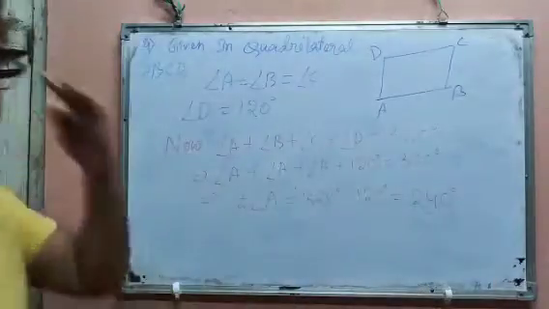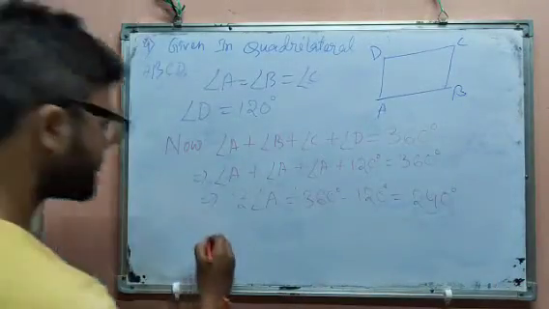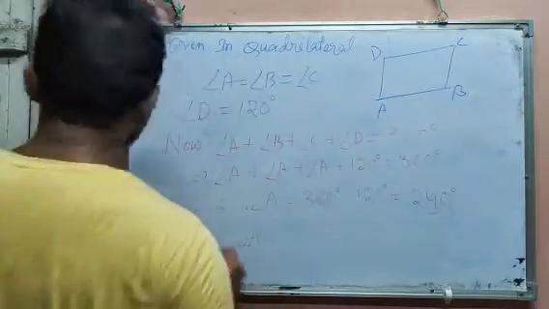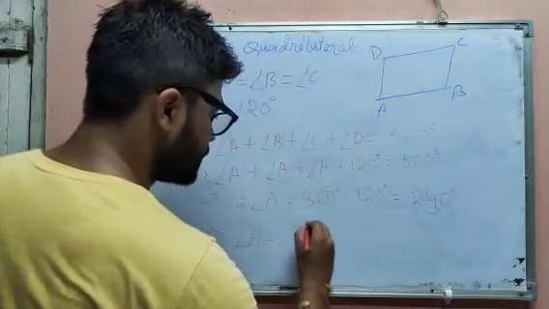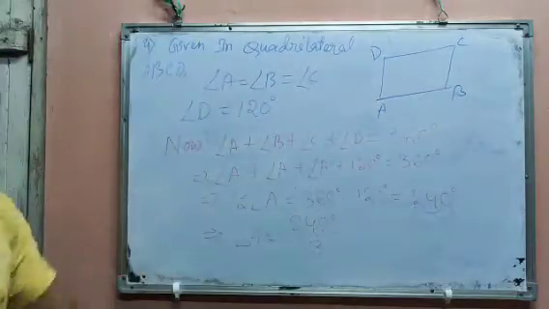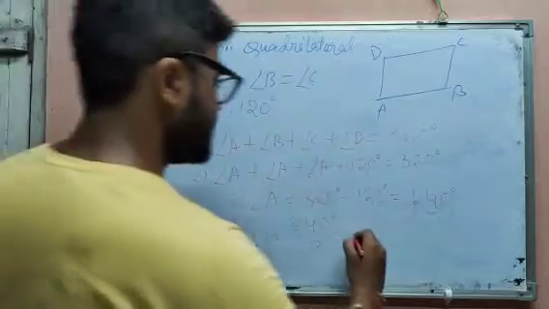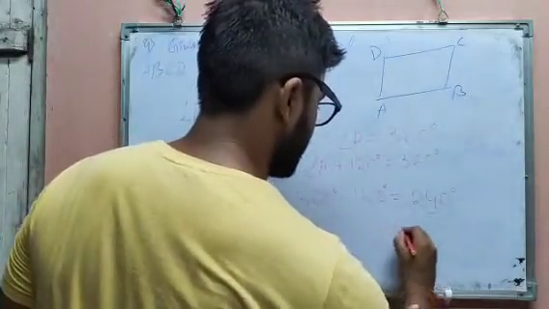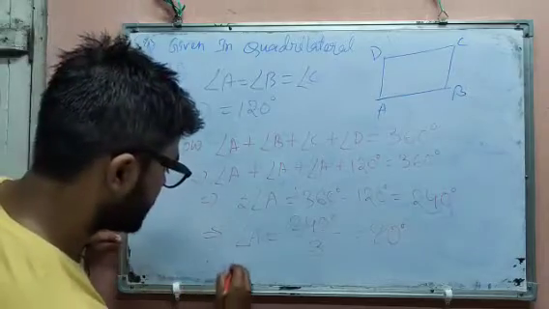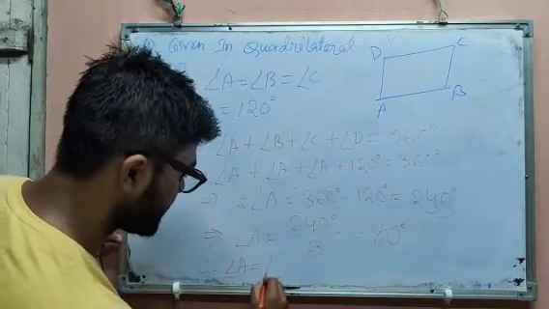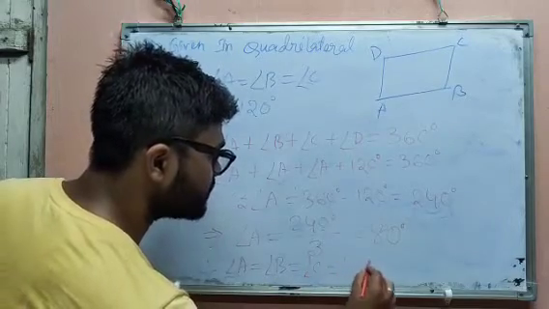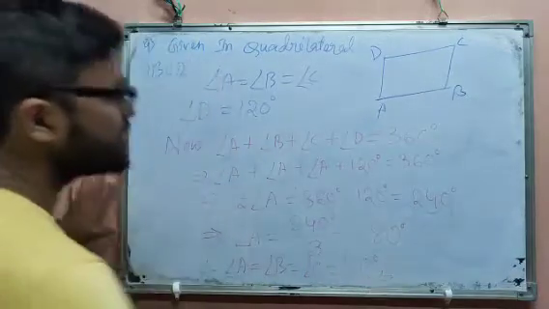So angle A equal to 240 degree divided by 3. 3 divides 240, 80 times. Therefore angle A equal to angle B equal to angle C, these are all equal to 80 degree. This is our required answer.